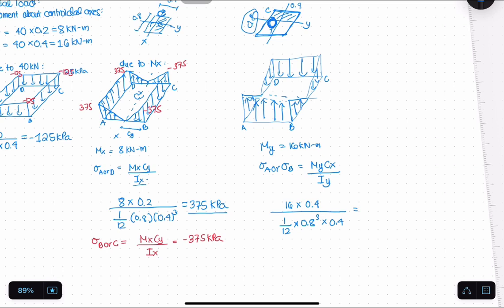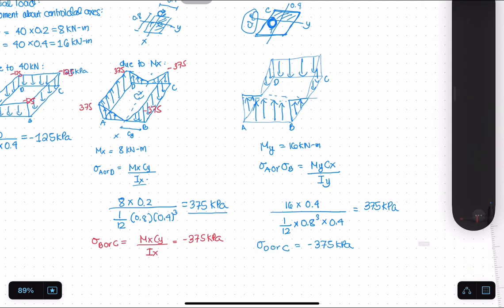You have 0.4 over times 0.4, that is 375 kilopascal. Okay? Then, yung sa sigma magkatulad is D or C. So, ang pagkaibahan lang, ito, negative 375 kasi nga, compression on that side.